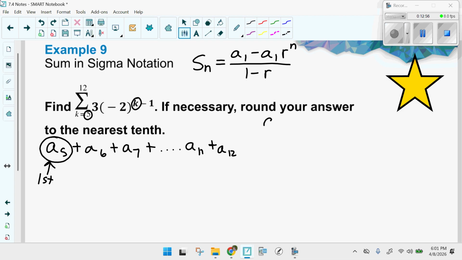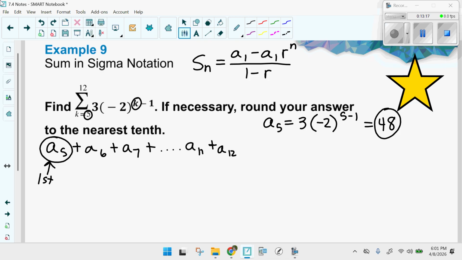To find a sub 5, it's going to be 3 times negative 2 to the 5 minus 1, which when we calculate that out, that first term is going to be 48.